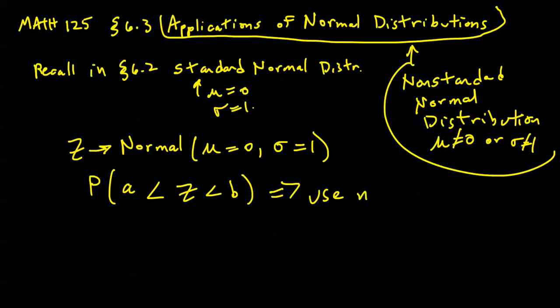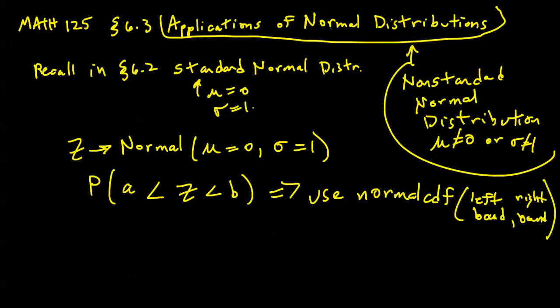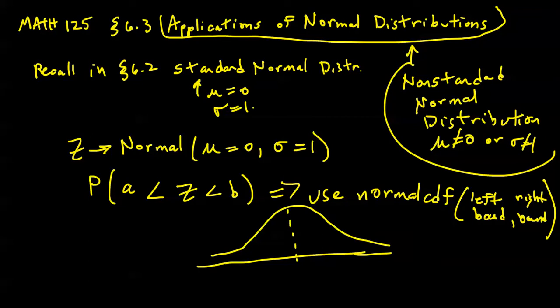Use normal Cdf in your distribution function list on the calculator. You call up this command into your home screen. You plug in a left bound for z and a right bound for z and punch it out, and again your calculator will return the area under the z distribution between these limits of interest, namely a and b.